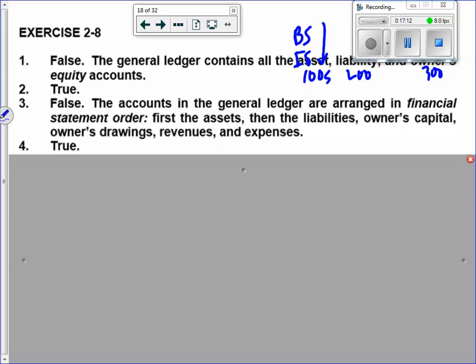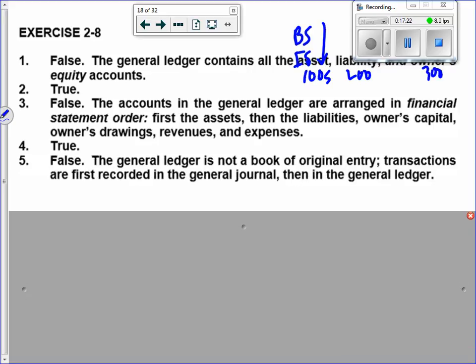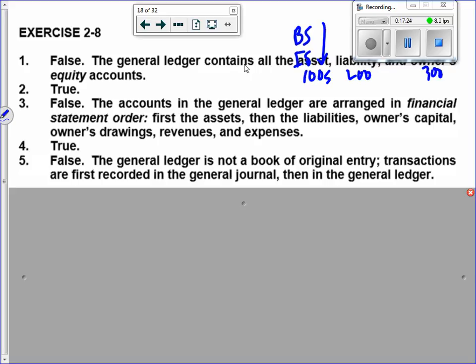Yes, and we're talking increments of 10 typically. Finally, the last one, the general ledger is a book of original entry. The reason that's false is because the general journal is the original book of entry. And then we post to the ledger.